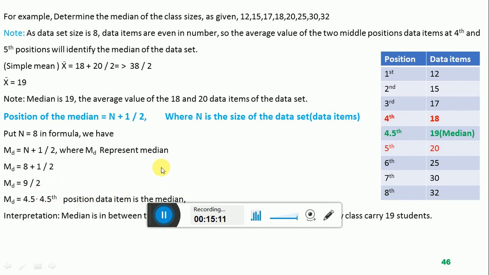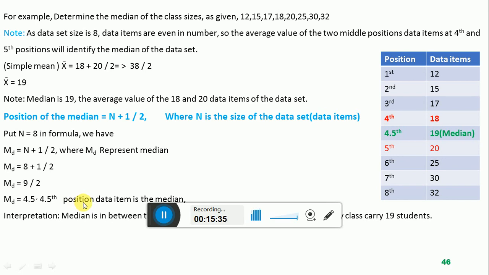It means the median of the data set is in between the fourth data item and fifth data item. So when we calculate the average value of the fourth data item 18 and fifth data item 20, we will find 19, as calculated here. So the 4.5th position data item is the median position.